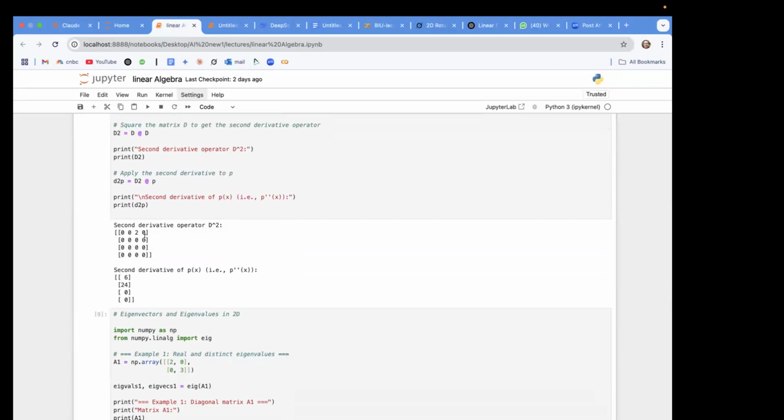So any polynomial that I multiply with this matrix now will get the second derivative. And if I multiply it again, I will get the third derivative. And you can already see that if I multiply it one more time, it will get 0. That makes sense because there's a limit to how many times you can derive a polynomial.